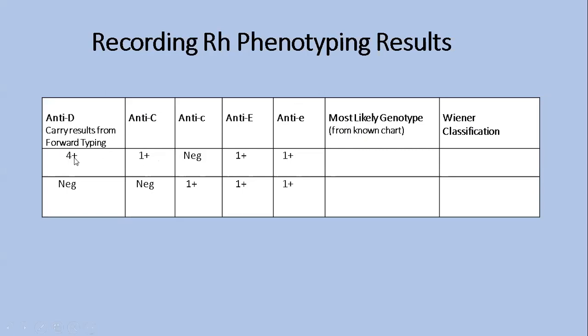So the first example here, patient has 4+ with anti-D that we carried from forward typing, and then we had a 1+ reaction with anti-C, big C, which means they have the big C antigen. There was no reaction with little c. There was a 1+ reaction with the anti-E, and also a 1+ reaction with the anti-little e.